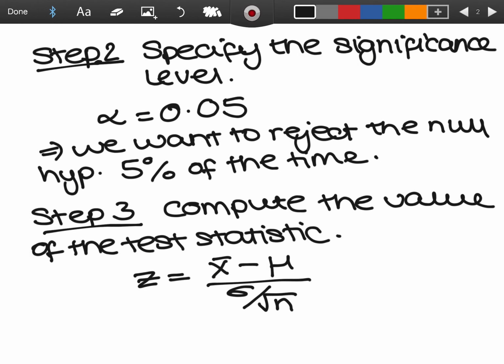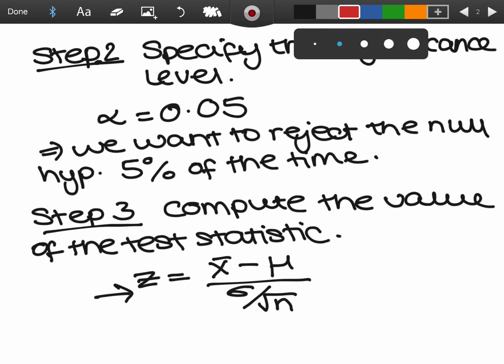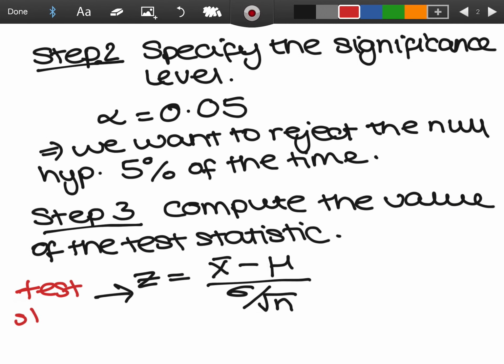You can write this down so that you've got a definition. It's always going to be the same with any type of problem like this. You're always going to end up doing a z transformation, or as we'll do in 11.2b, a t transformation, but we'll do that later on. So what we need to do here is compute this value.